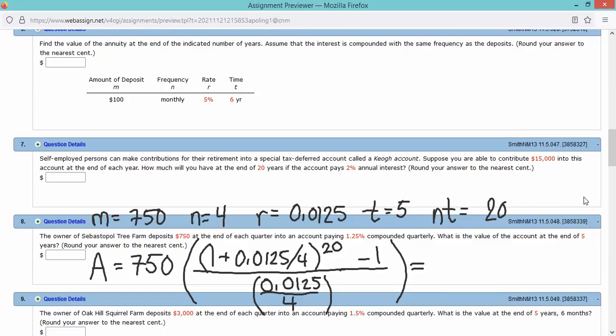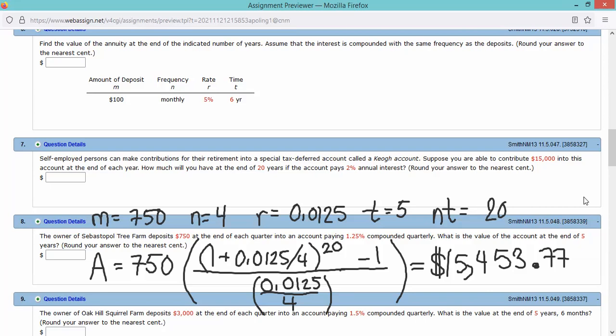Divide by parentheses 0.0125 divided by 4, end parentheses. I get the value $15,453.77.